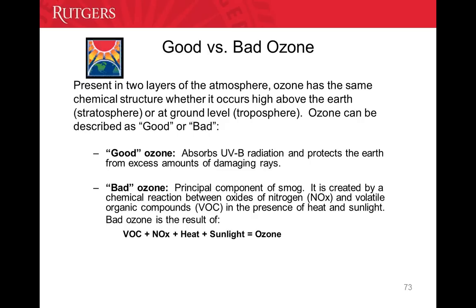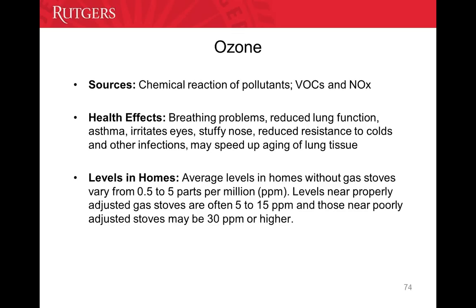And the other one is the result of basically increased motor vehicle traffic. The health effects, of course, are reduced lung function, serious breathing problems, lots of irritation for eyes and nose, and it usually reduces our resistance to infection.